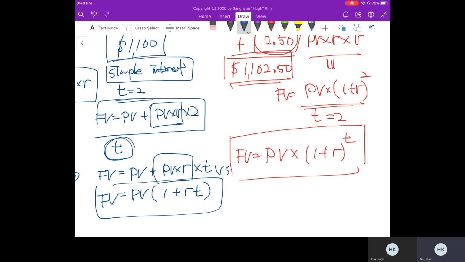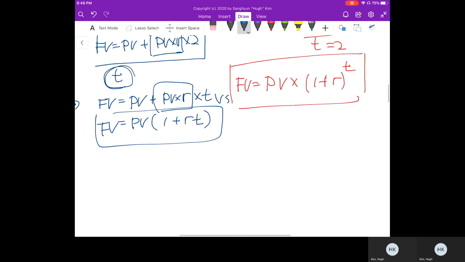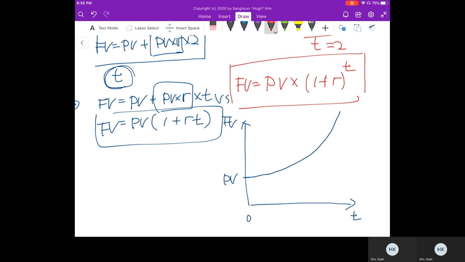So using compound interest, so here's your present value times 0 over time. Your future value will grow exponentially. Like this.